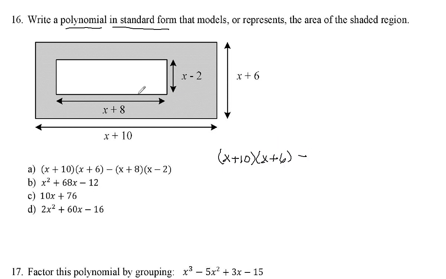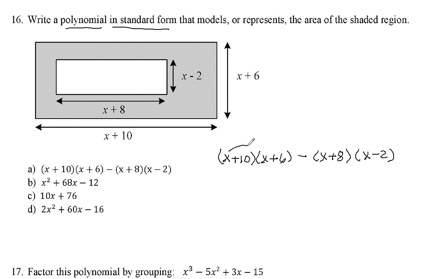And then minus, take out the smaller rectangle, which is x plus 8 by x minus 2, height. Just doing base times height here. And notice that expression is here in choice A, but they say write it in standard form. This is not in standard form. They want us to multiply things out and collect like terms.